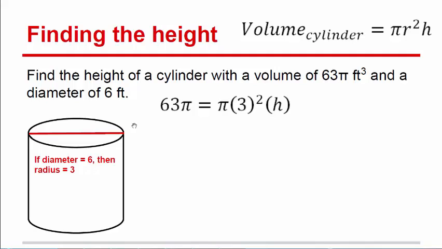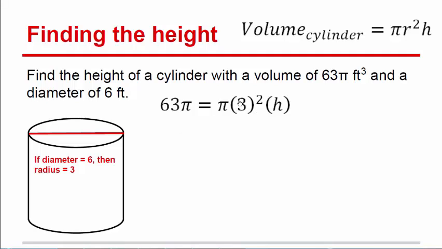So when we substitute everything that we have in the volume of a cylinder, they told us that this volume was 63 pi, and that's what has taken place here. Equals pi r squared h. The radius is 3 because they gave us the diameter and we took half of it, which is half of 6, 3.